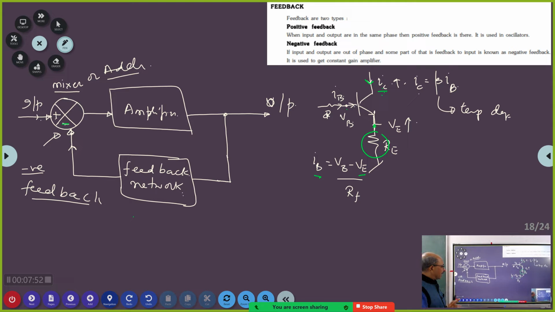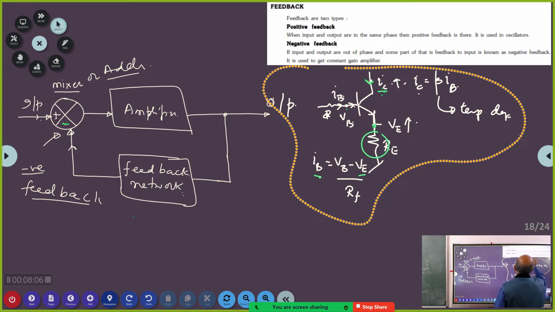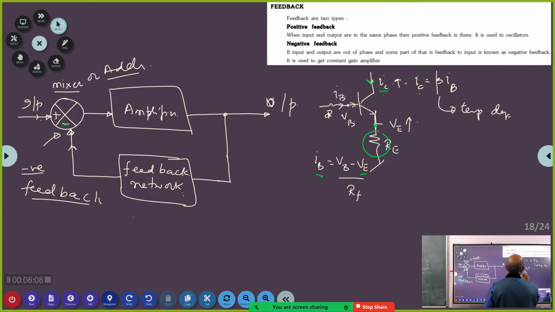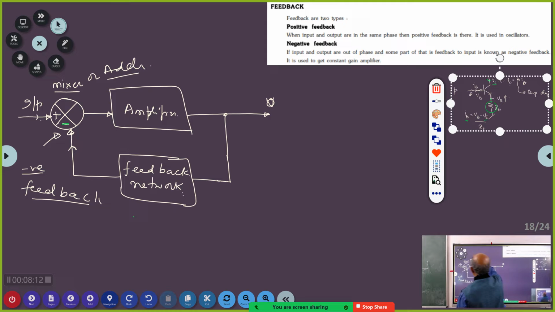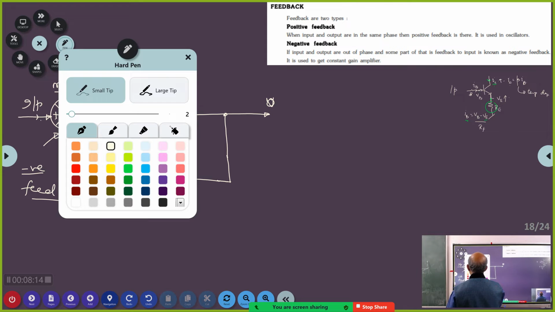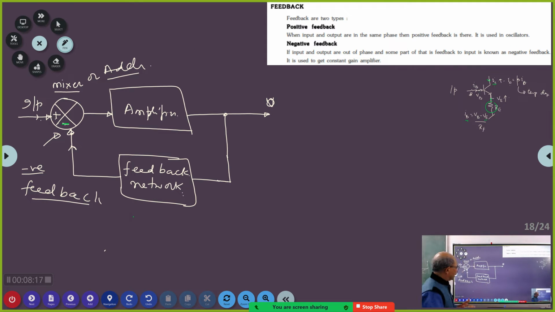Now, on the other hand, I can have some configuration. See, here I am showing you, for example, this configuration. Now, I can show you some other configuration, and I don't want to go into the details of some other configuration here.